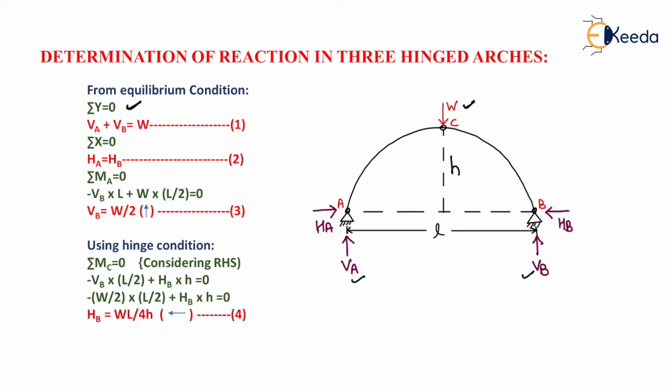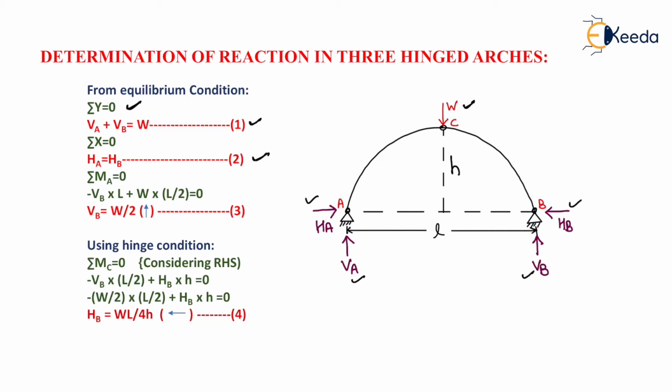So the equation will become VA plus VB equals W, that is our first equation. Now the second equilibrium condition is the sum of all the forces in the horizontal direction equals 0. Here the horizontal forces are HA and HB, which act in opposite directions. So the equation will become HA equals HB, that is our second equation.